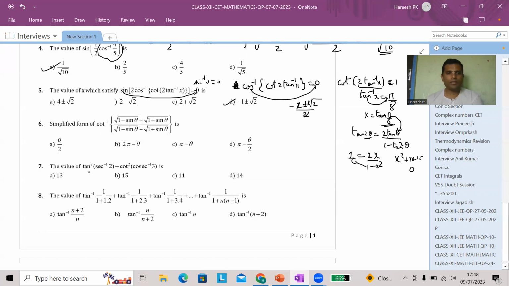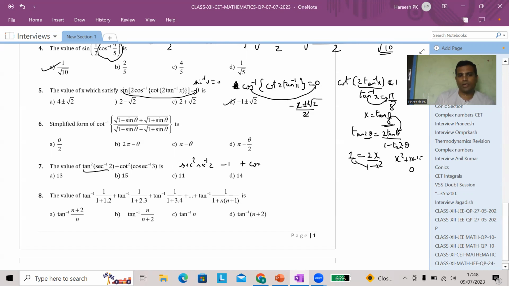Seventh one, we'll take it up. It's an easy question. So secant inverse 2, right? I can always write tan square theta as secant square theta minus 1. So I can write this as secant square secant inverse 2 minus 1.